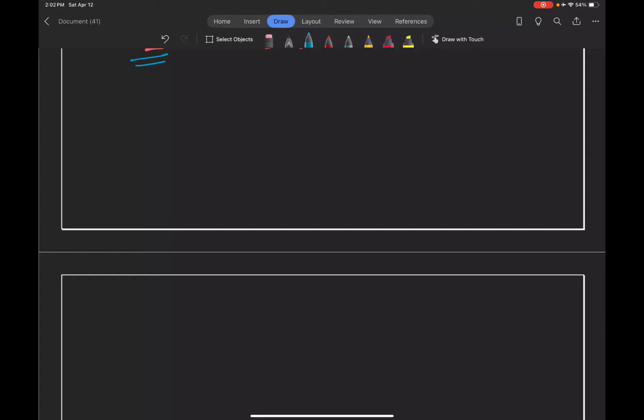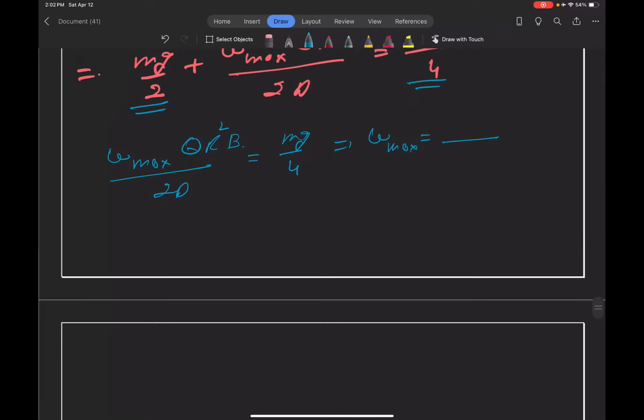So we get omega max q r square b divided by 2d will be equal to mg by 4. This gives us omega max is equal to mgd divided by 2 q r square b.